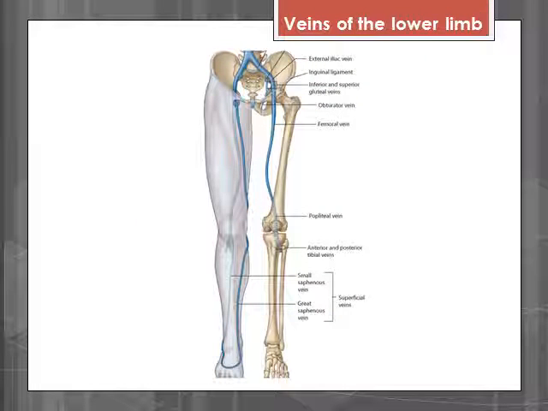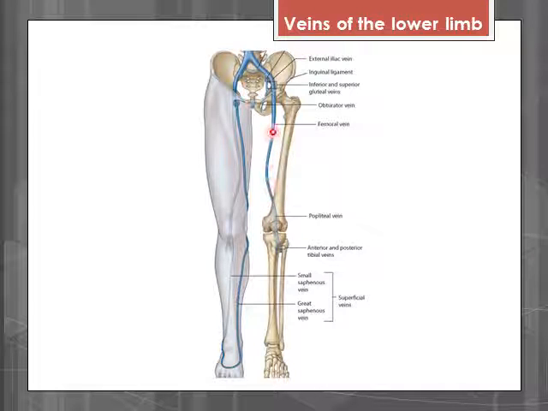Now let's talk briefly about the veins of the lower limb. The veins draining the lower limb form superficial and deep groups. The superficial group lies superficial to the deep fascia, as we see here, but the deep group lies deep to the deep fascia. The deep veins generally follow the arteries.